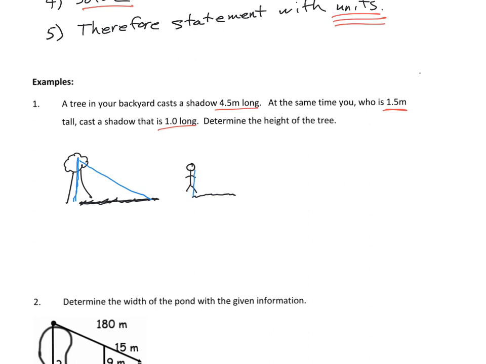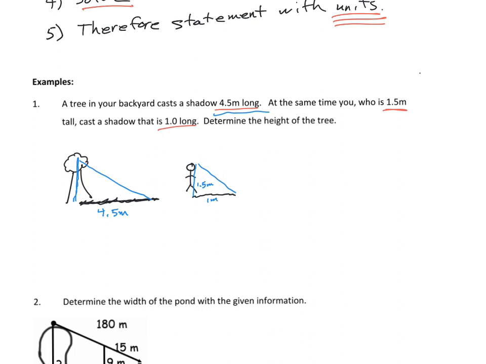There's the height of my person, and there is my triangle. We did say my person is 1.5 meters tall. We don't know the height of the tree, but we do know the shadow of the tree is 4.5 meters long. But me as a person, I cast a shadow 1 meter long.